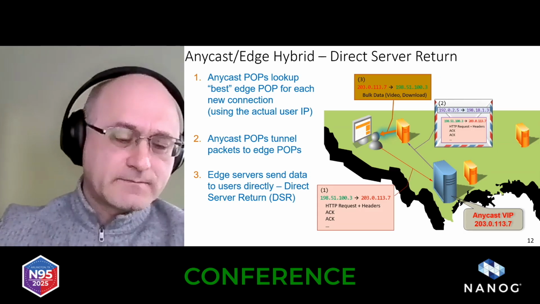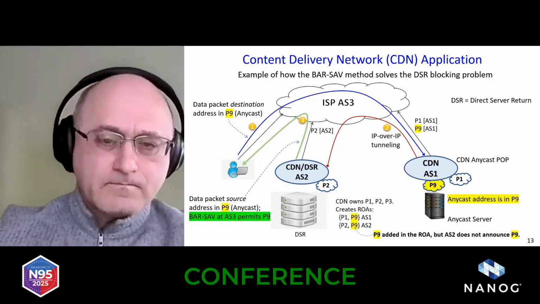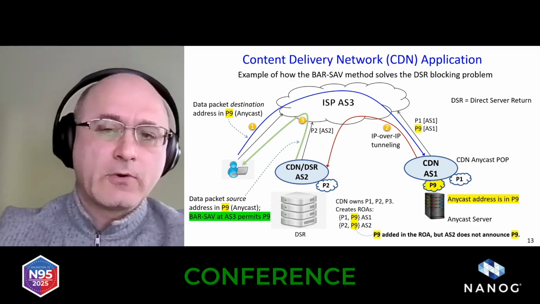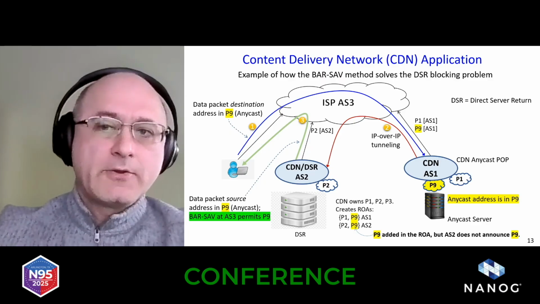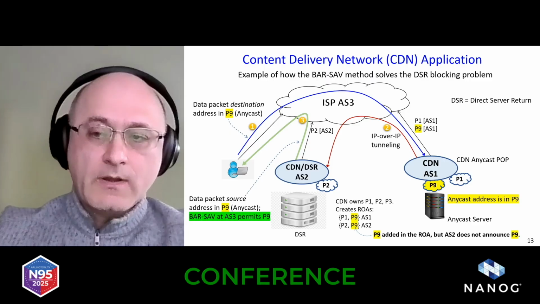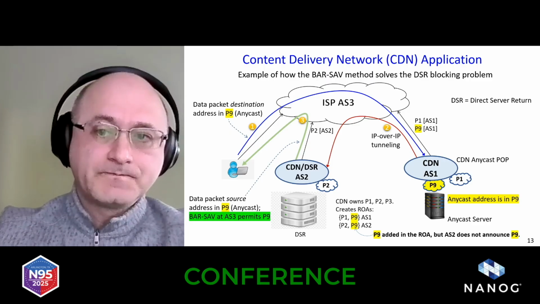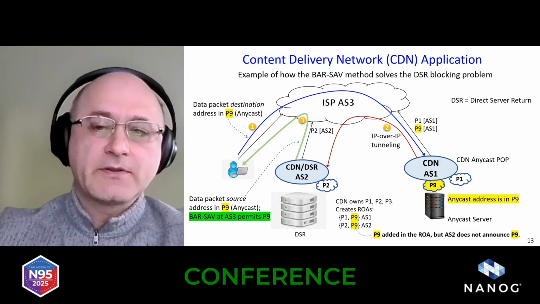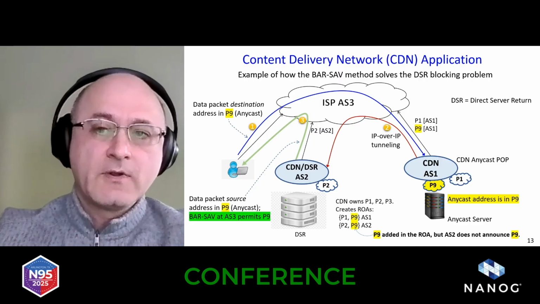So same idea, just in this more network-focused diagram. You have AS1, that's your AS that has anycast CDN nodes.